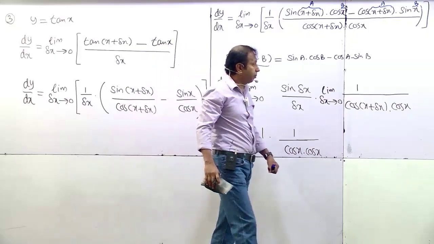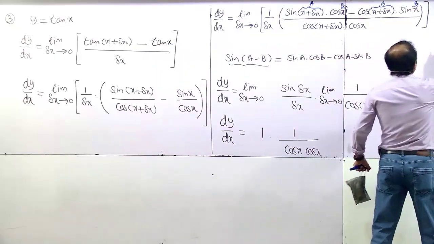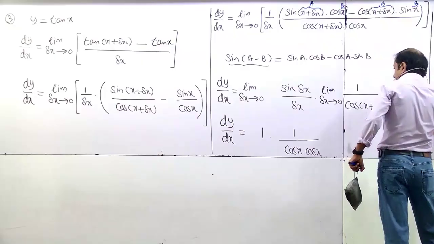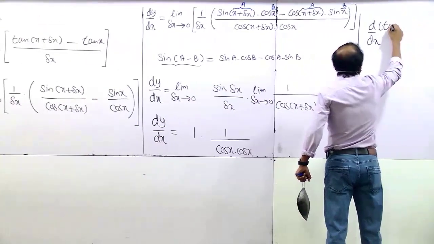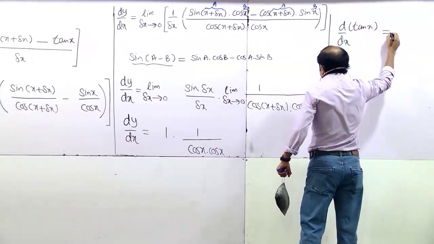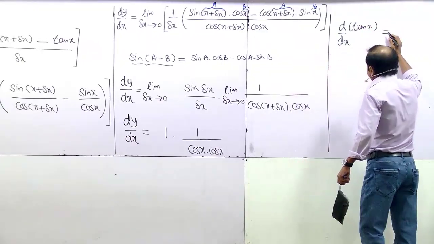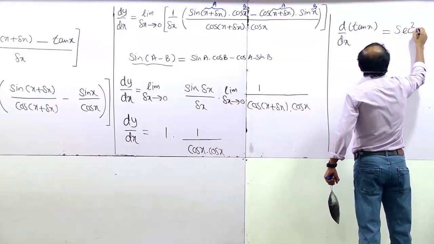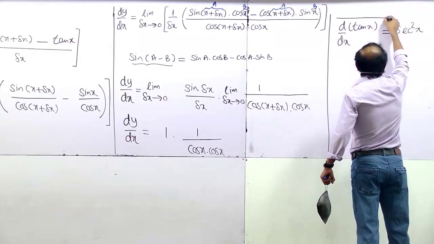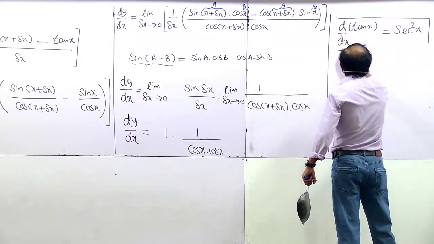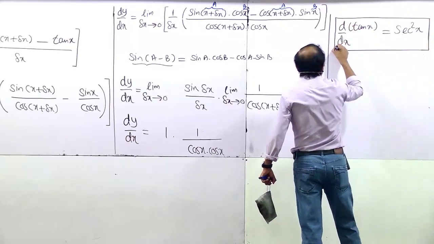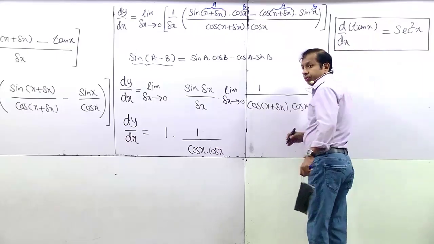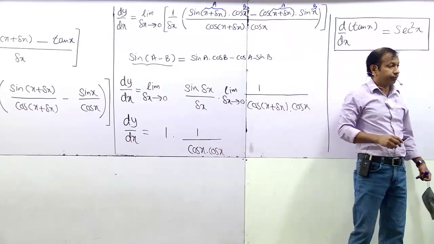Then write down that answer. d over dx of tan x equals what? Sec squared x. 1 over cos squared x means sec squared x. This way we can take the terms.